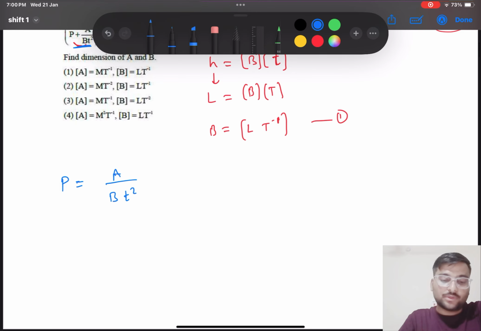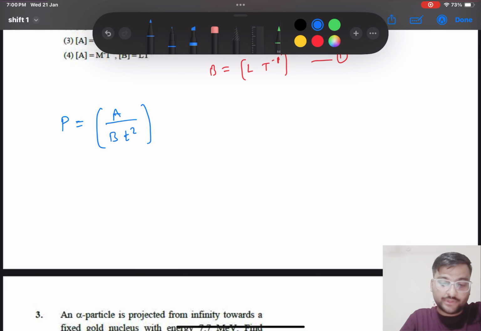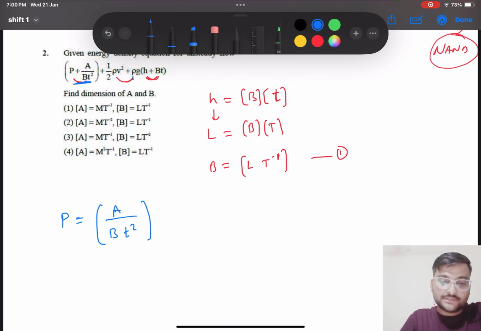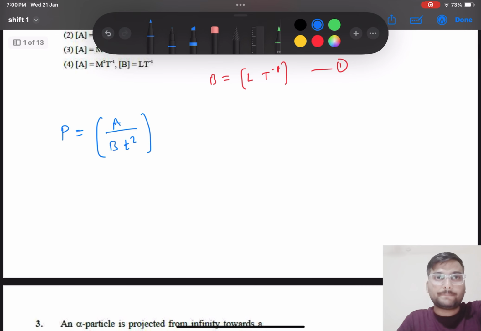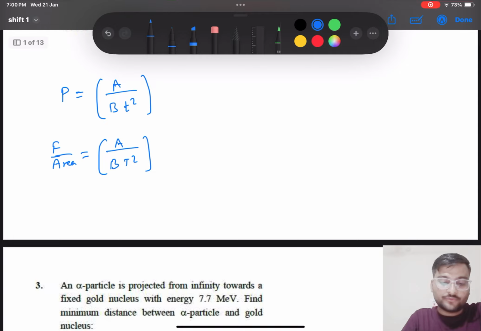Now here p is equal to a upon b t square. Here p is pressure, as mentioned in the question, because rho g h is given to you. The pressure formula is force upon area, and that is equal to a upon b into t power 2.